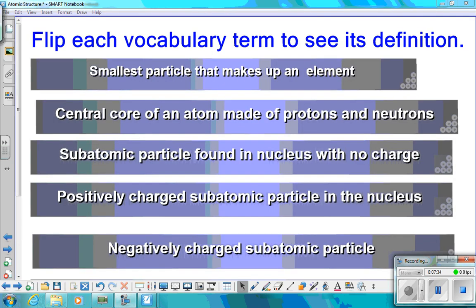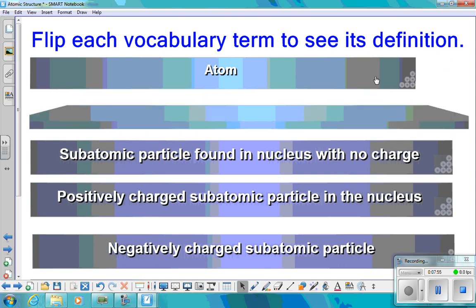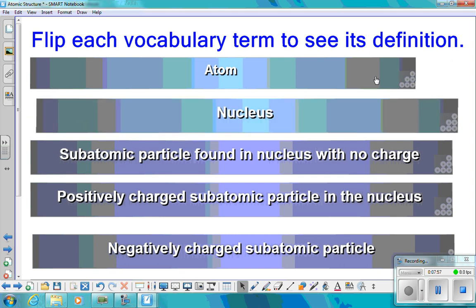Now you can test your knowledge. What is the smallest part of an element? The atom. Central core of an atom made up of protons and neutrons. Nucleus.